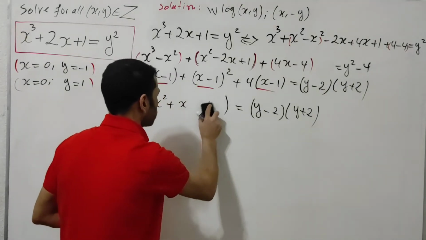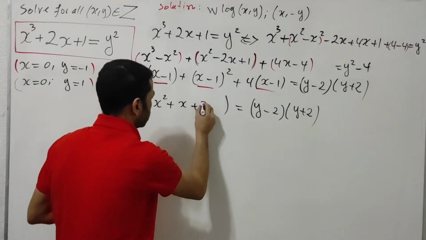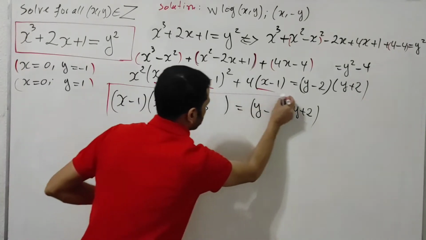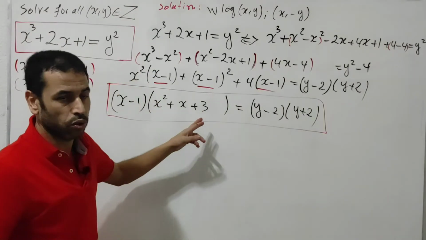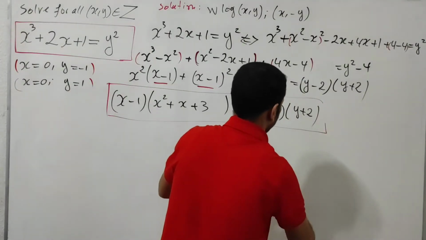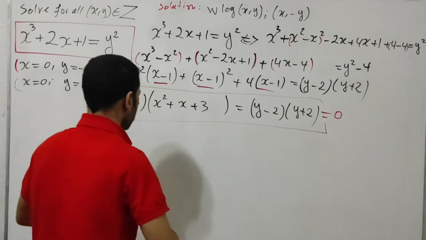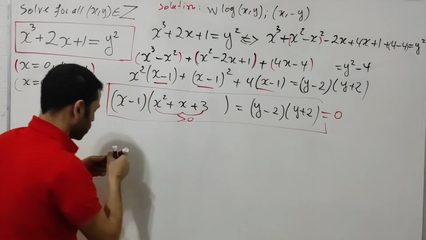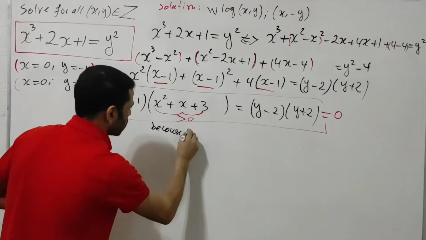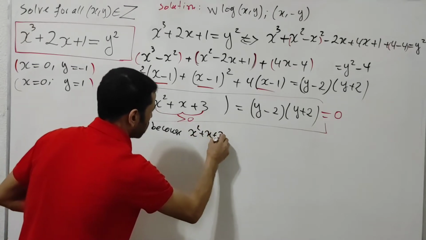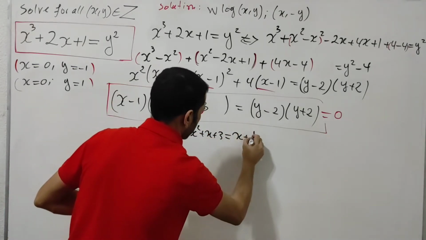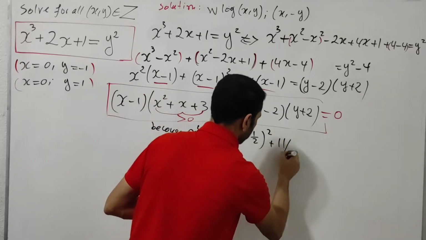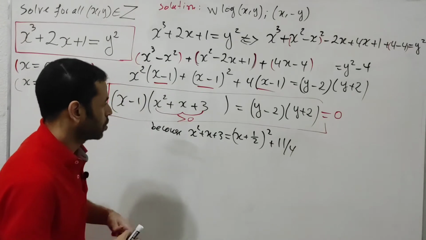So this becomes plus 3 here. Now here is the final expression. In order to have a solution for this equation, I will put this one equal to 0. If you take a look carefully, this term is strictly greater than 0, because x squared plus x plus 3 equals x plus one half quantity squared plus 11 over 4. That means this term is positive.